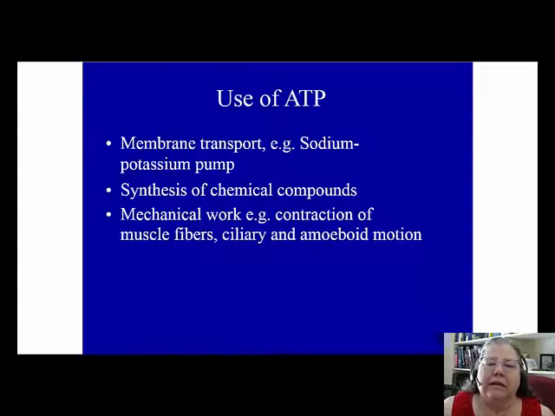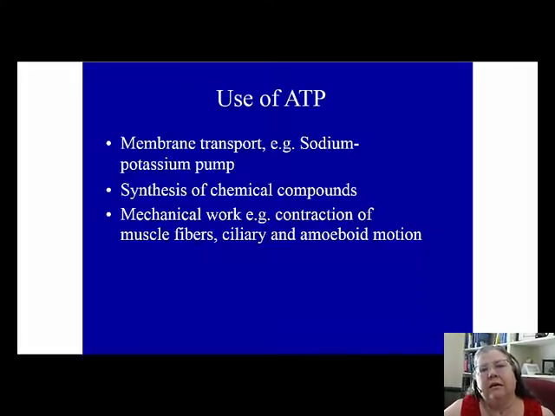In addition, ATP provides the energy for cilia in our respiratory and gastrointestinal cells, where they're very important for function, and the amoeboid motion of white cells, granulocytes, which have this ability to move in order to go to the sites of infection and to engulf bacteria, for instance, in order for the lysosomes to break them down.